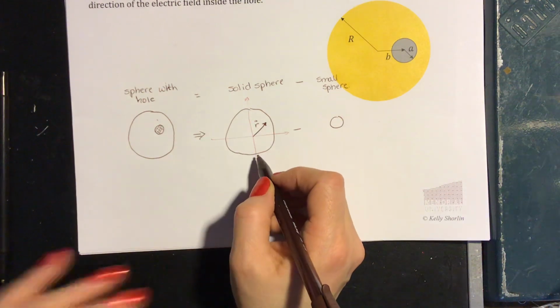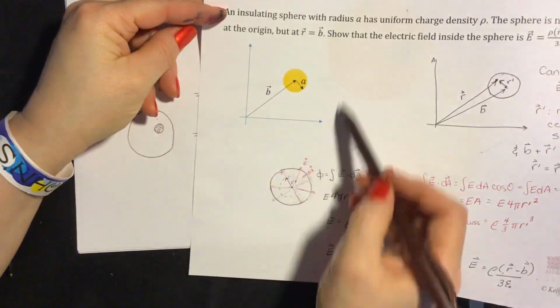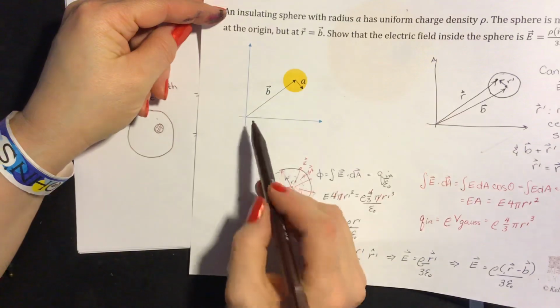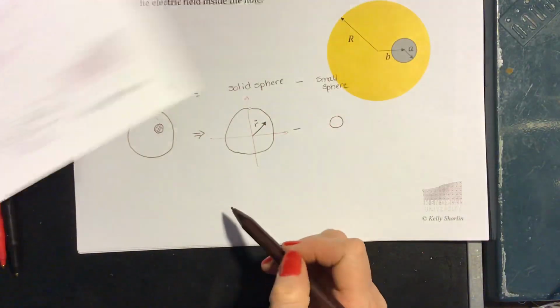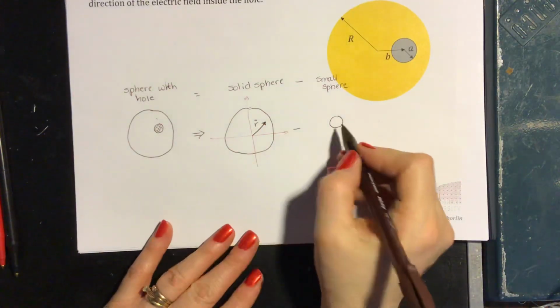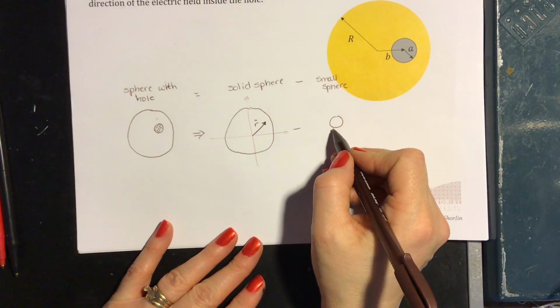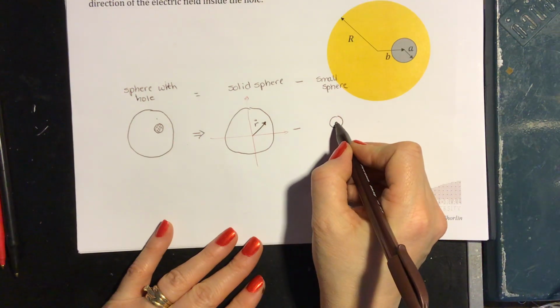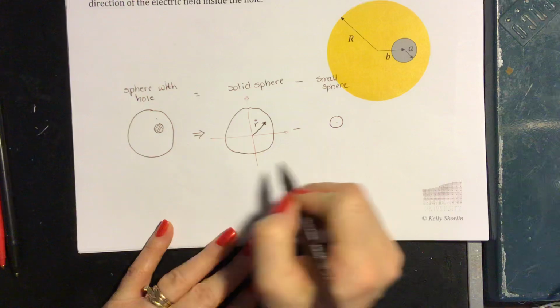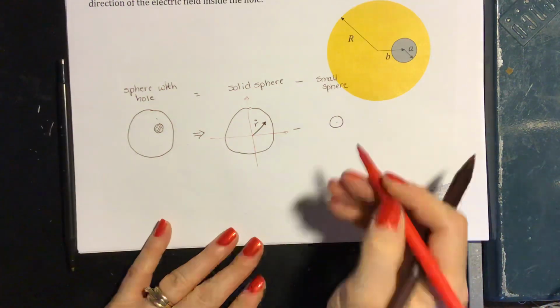And so we can think about superimposing that sphere on top of here, and that origin is at the center of this sphere. And we have our smaller sphere here. We know that the electric field of this one, relative to that origin, we can even put that on this picture if we want.